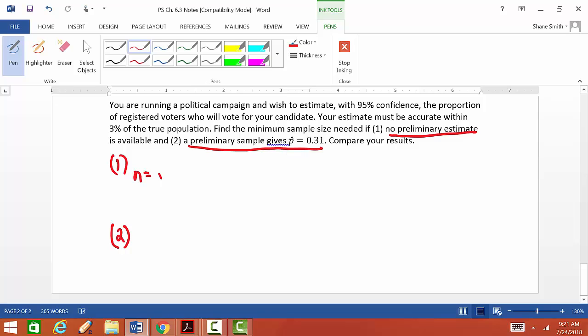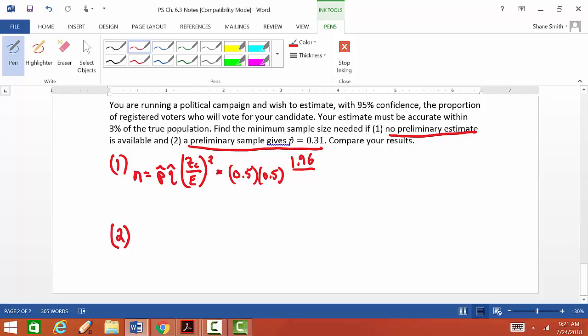So for 1, I'm just going to write out the formula again. So p hat, q hat, z sub c over e, quantity squared. So if we don't have a preliminary estimate, as I said, we're going to use 0.5 for both. Now my z-score is 1.96 because that's 95% confidence. And my margin of error. Did you figure out what the margin of error is already?